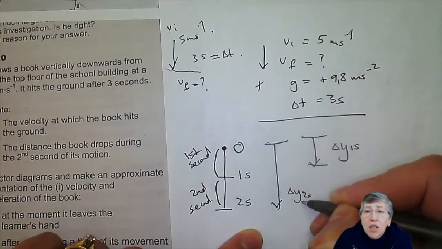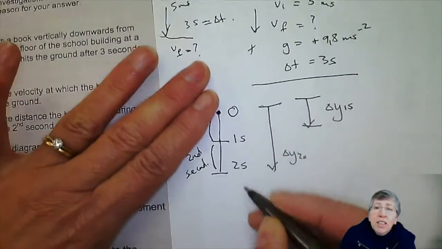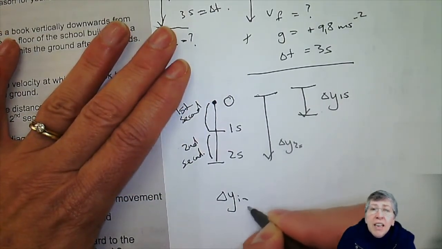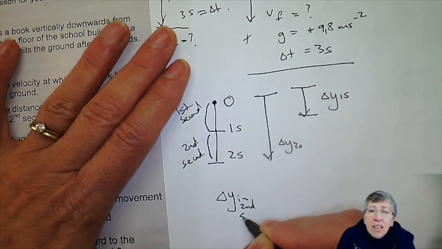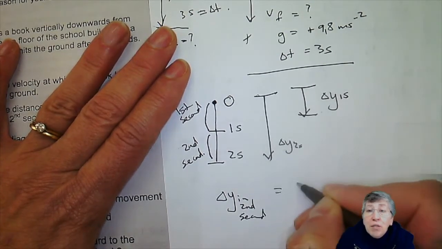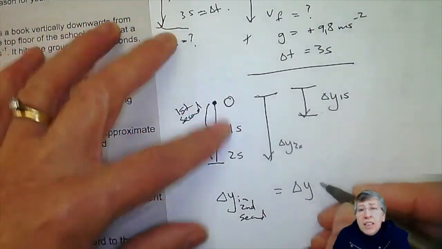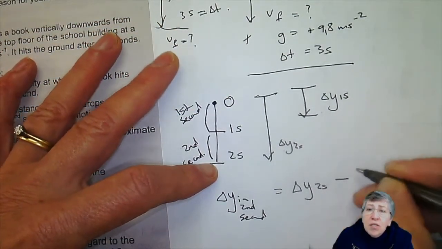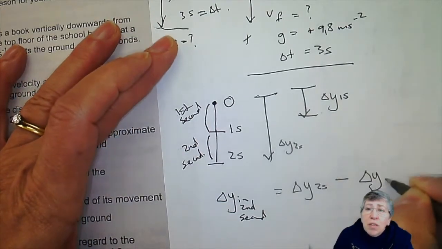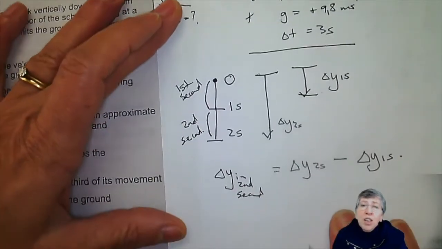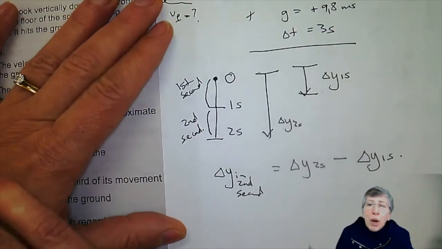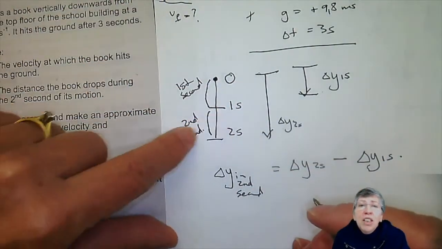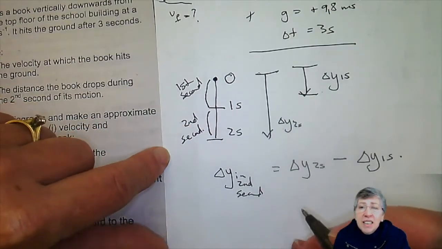So there you substitute 2 seconds, there you substitute 1 second, and then for the delta y in the second, you will have to take the whole distance traveled in 2 seconds and subtract from that the distance traveled in 1 second. I'm not going to do that since we're looking at work, energy, and power. I just want to show that guy how to interpret the word second.